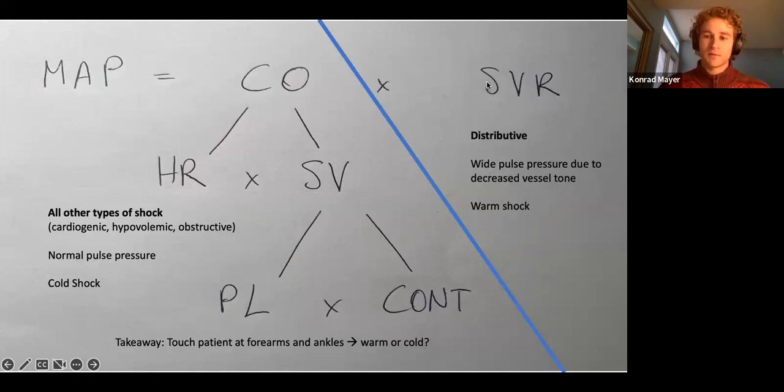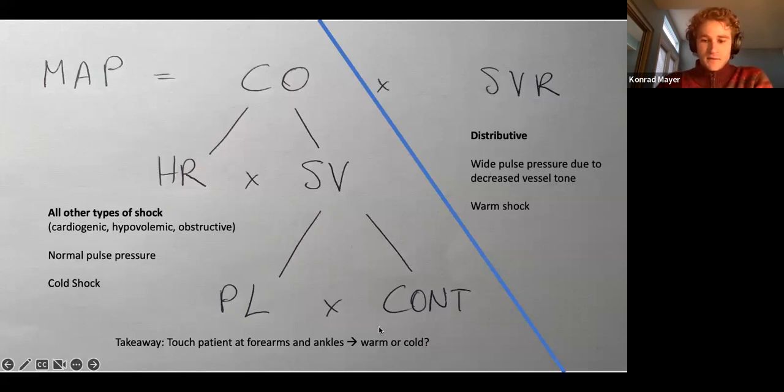So if we have a problem with systemic vascular resistance, we have distributive shock. All other types of shock are affecting cardiac output and thus affecting the MAP. So that was cardiogenic, hypovolemic, and obstructive.